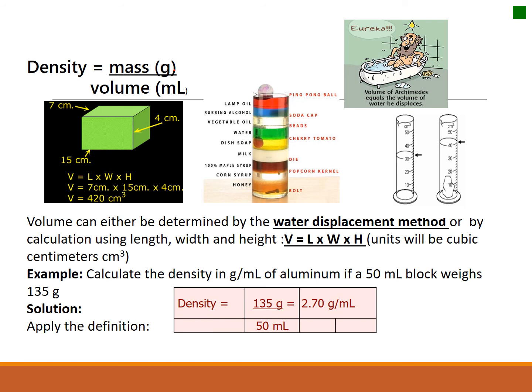So he was taking a bath one day, as you can see in this picture, and as he stepped into the bath, he noticed that the water rose. And he thought, every time I step into the bath, the water rises. He had the idea that the water displacement, or how much water was rising up, would be the same amount of volume that his body was occupying.